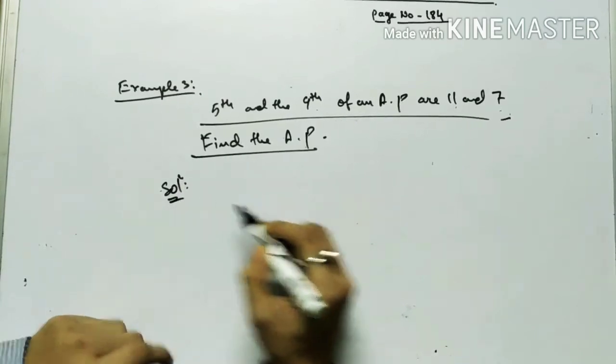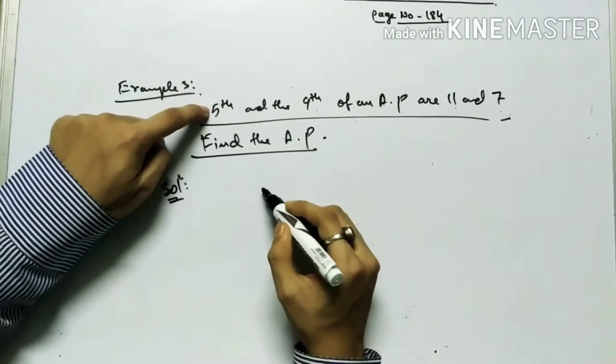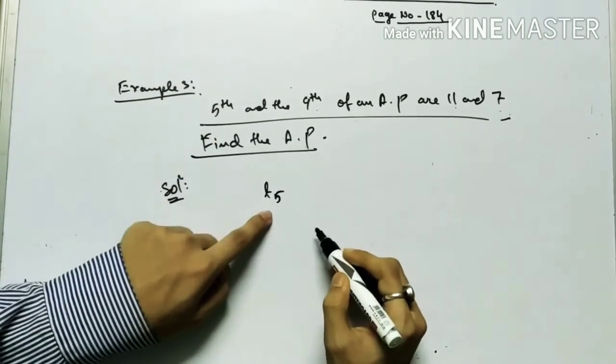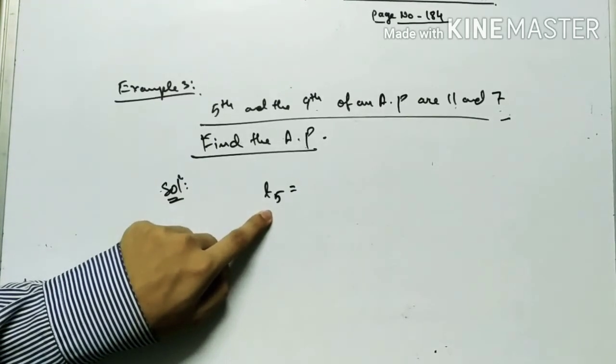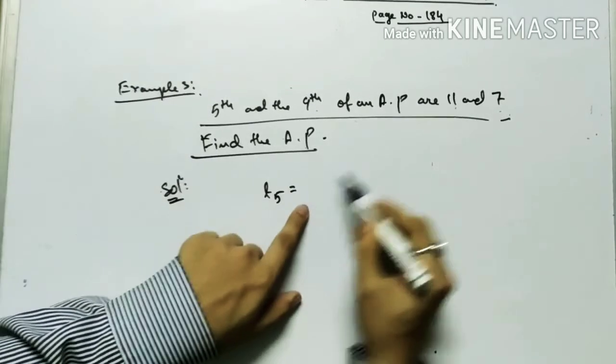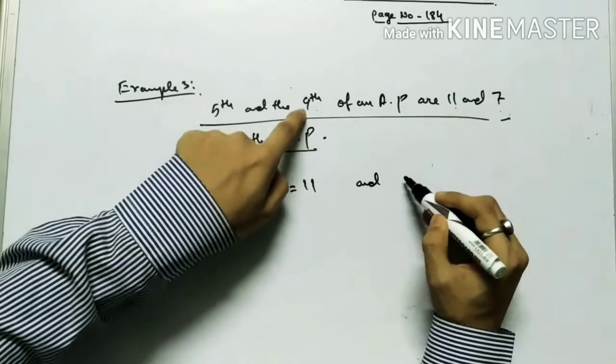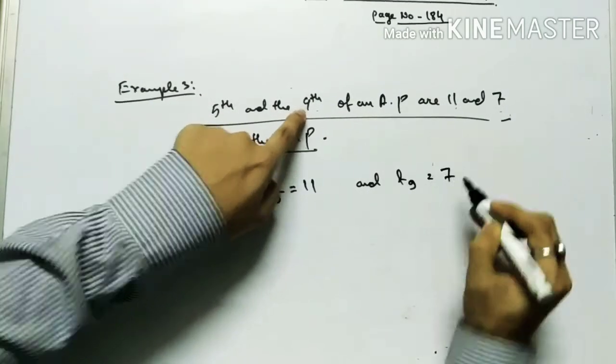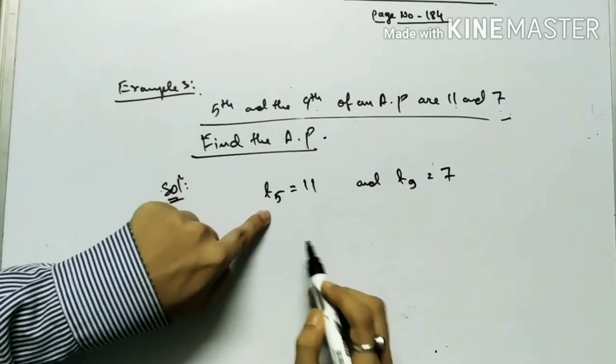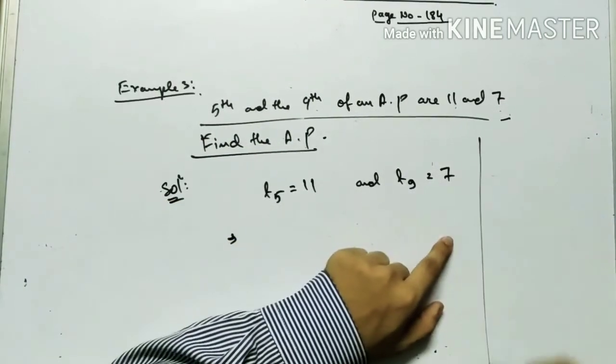So you see, the fifth term T5 is given as 11, and the ninth term T9 is given as 7. What will be the value of T5?